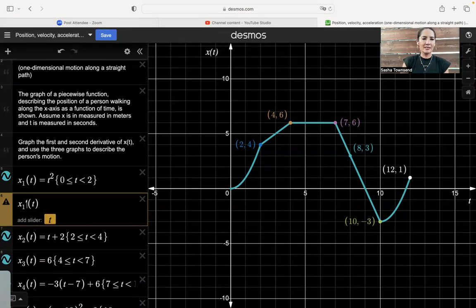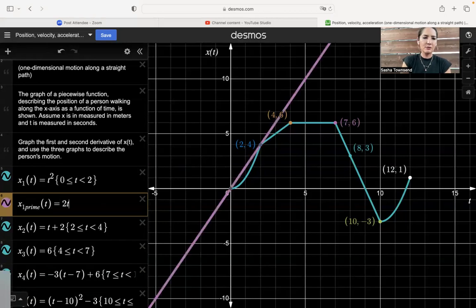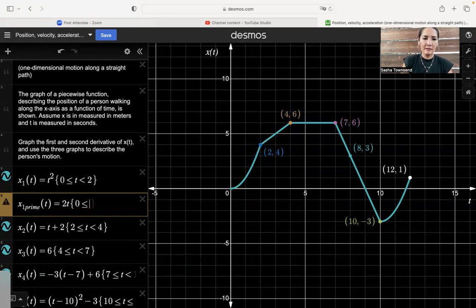This time it's not working. It's not automatically taking the derivative for me. So I'm just going to call that x sub 1 prime of t, and that's 2t. But again, I'm only interested in it being 2t on the interval from 0 to 2. We'll include that endpoint because of the convention that we include the limits from the left and limits from the right on the endpoints of our graph. And remember, derivatives are limits.